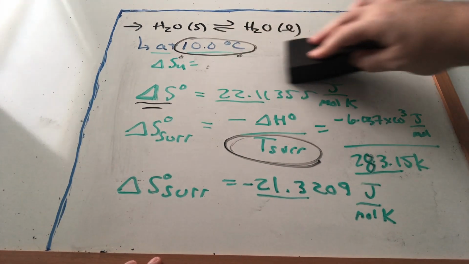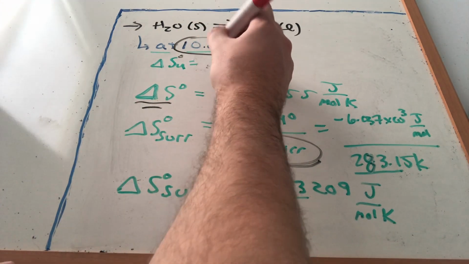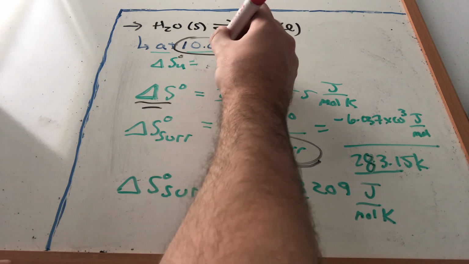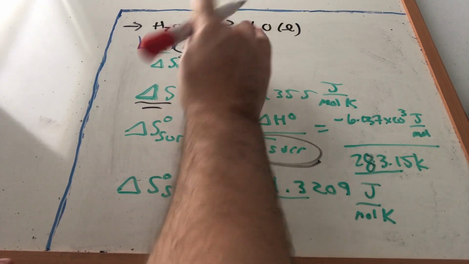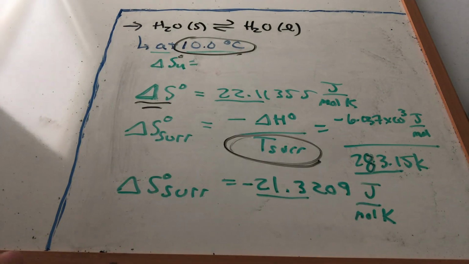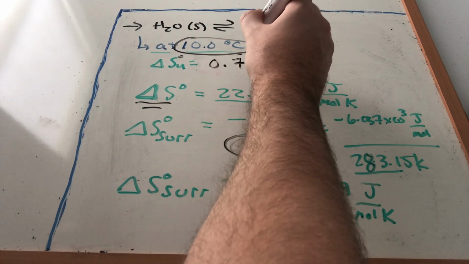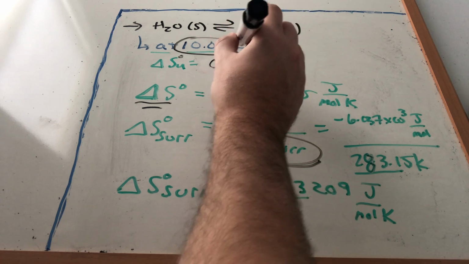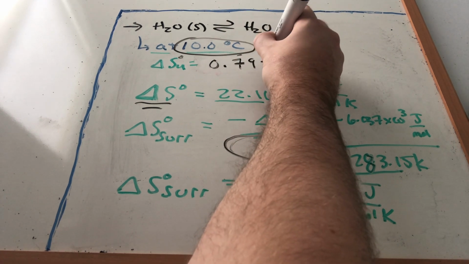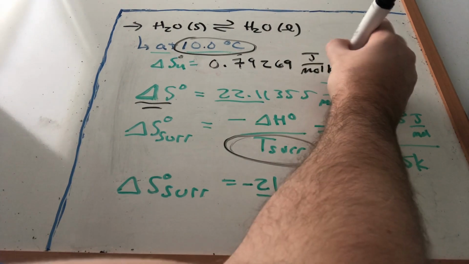I do this math now for this example, and what we get is a delta S universe that is equal to 0.7, that's the rounded value. Let me get the unrounded value: 0.79269 joules per mole Kelvin.